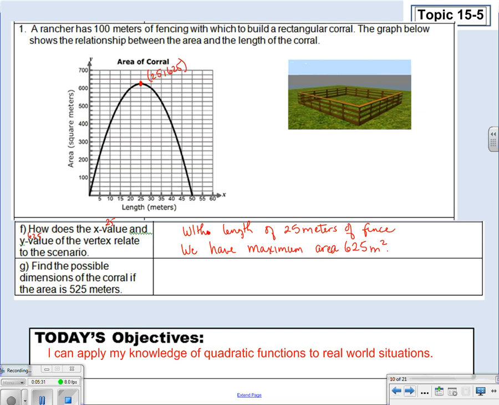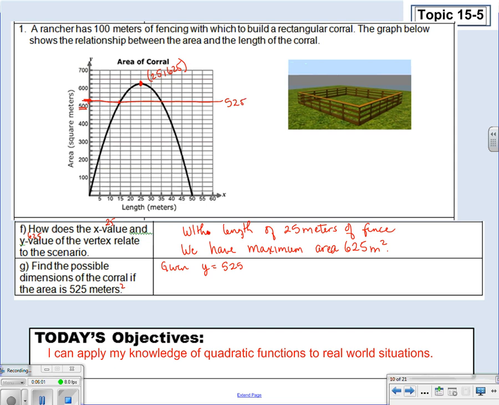G says, find the possible dimensions of the corral if the area is 525 square meters. So what's given is the area, or our y value, is 525. That should be meters squared. So I'll go to my y-axis, and I'm looking where it's 525. And remember, since there are 4 spaces, I know 525 is at that first one, so I'm going to draw just a line straight across.